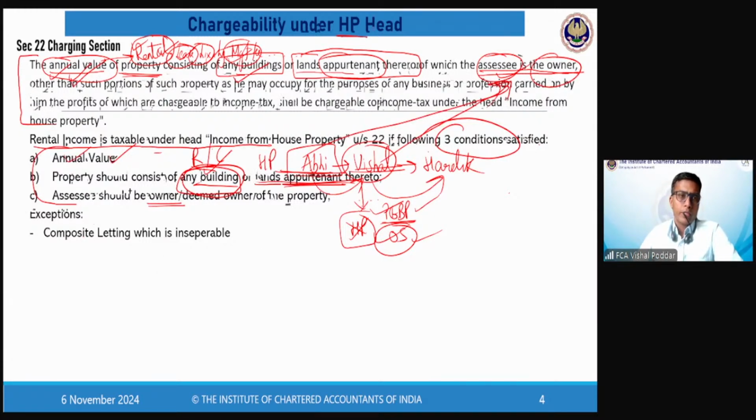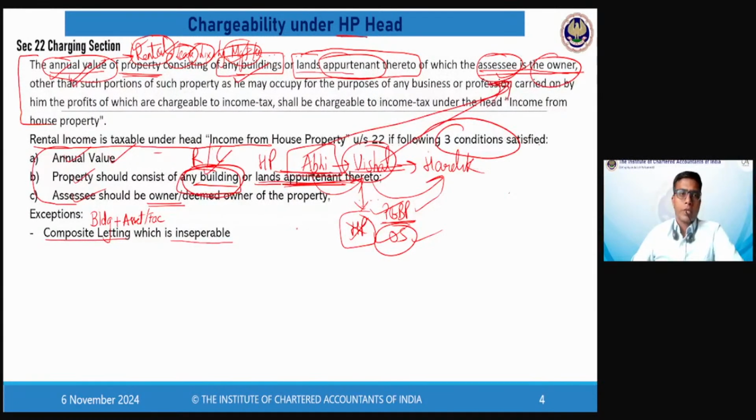Even though you satisfied these three conditions, your income will not be falling under the head HP when, first case, it is a composite letting and it is inseparable. What is composite? Composite means building plus assets or facilities are given on rent.